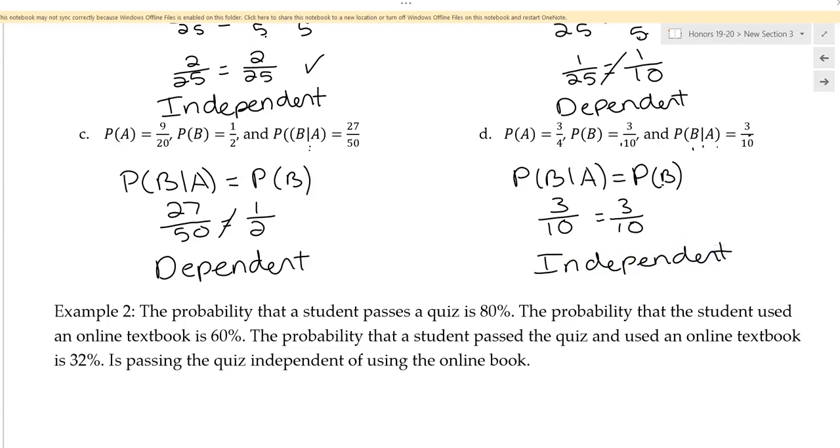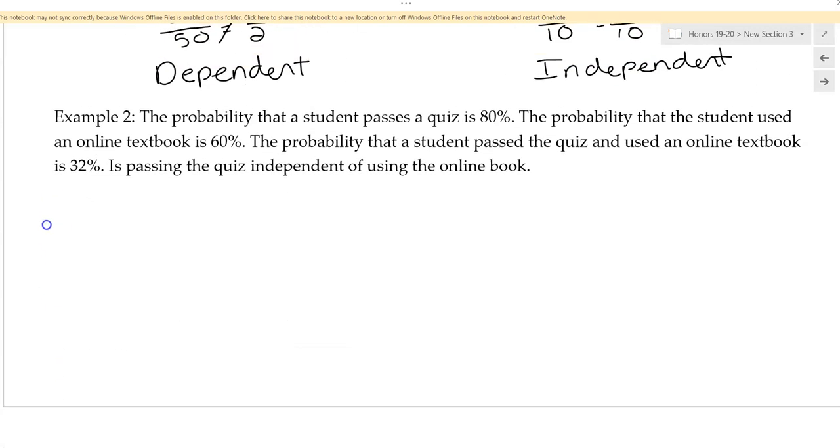So therefore, those are independent. Okay, so that's if I'm just given the probabilities. Now we have to look at our word problems because that's most likely what these questions will be, right? It gives you a scenario and you have to decide whether they are independent or dependent.